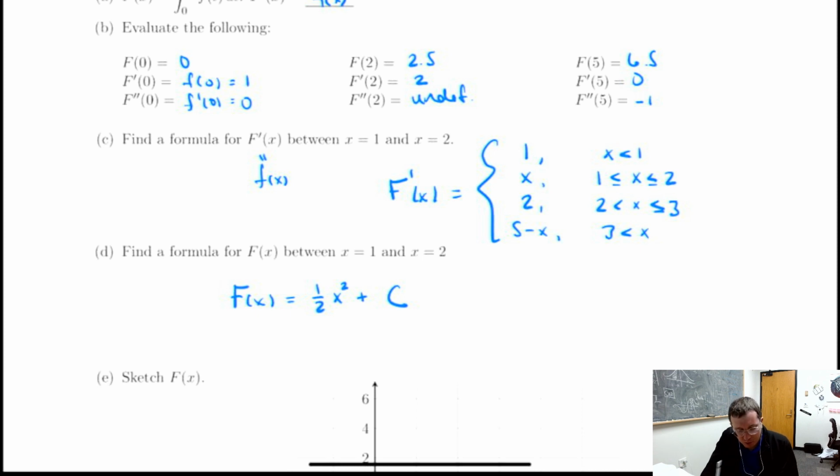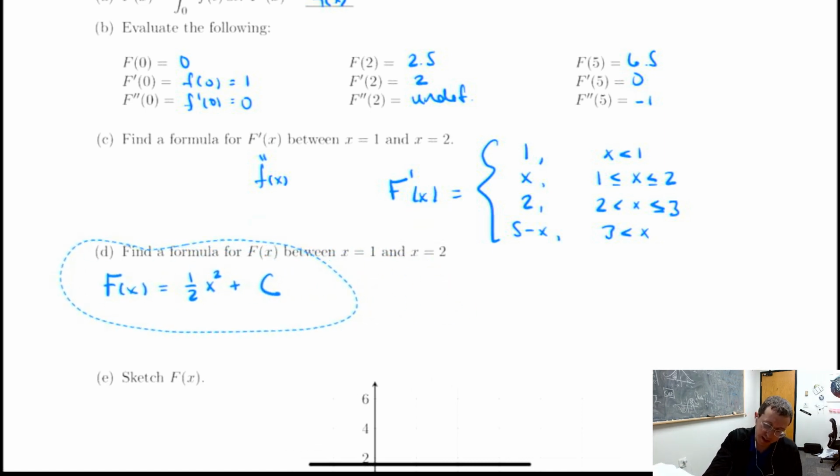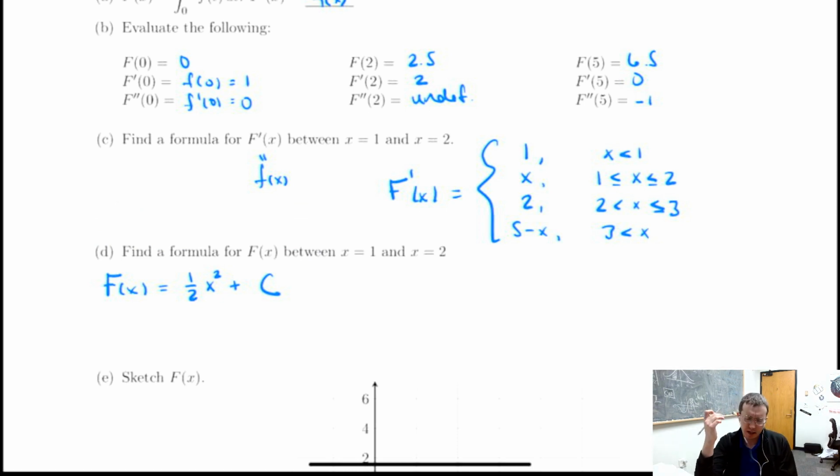But it would be wrong if I just left this as a plus c, because plus c means that you could put any constant there and it's an answer. That's not the case here.